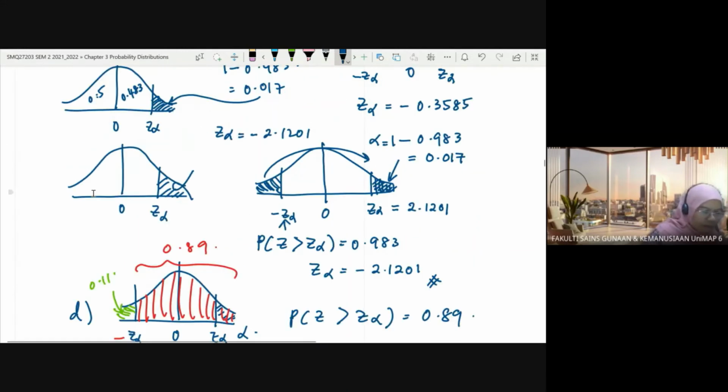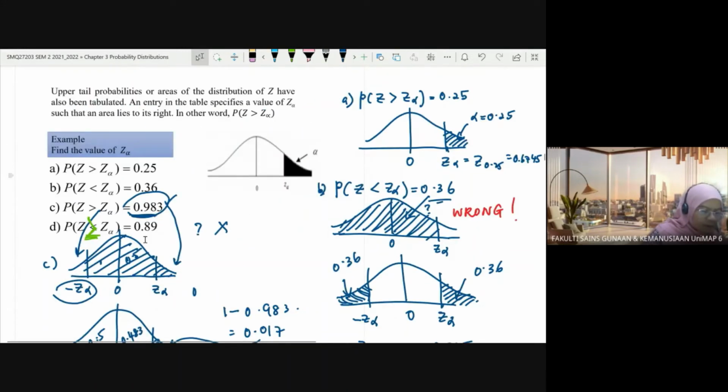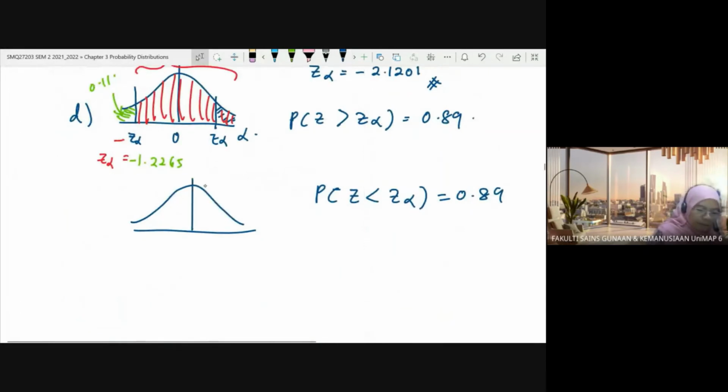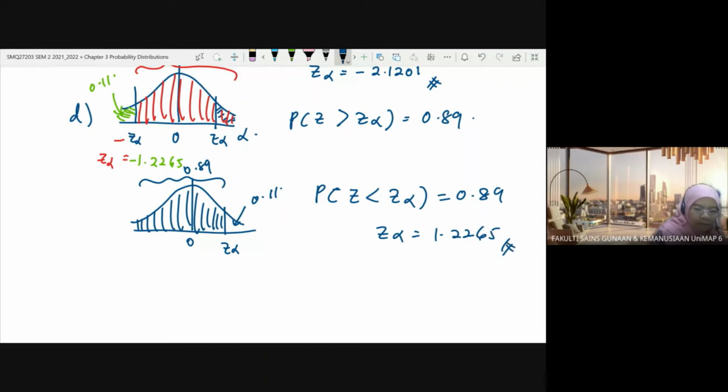Less than, betul. So 0 is here, Z alpha is here. You are looking for bigger area, that will be this part. So you know that this one is 0.89, so this one is 0.11. So what is Z alpha here, class? It is 1.2265 directly. Okay, finish with that.